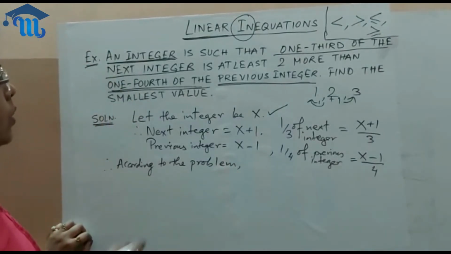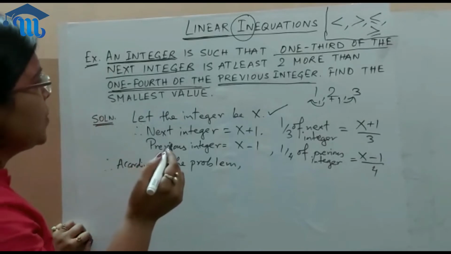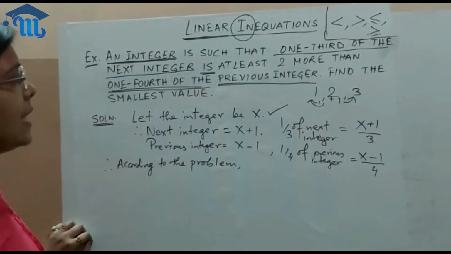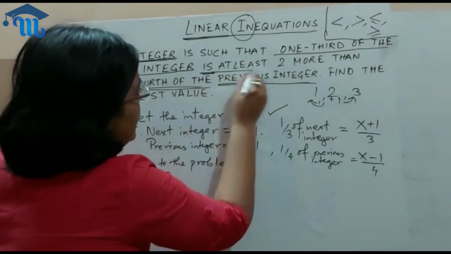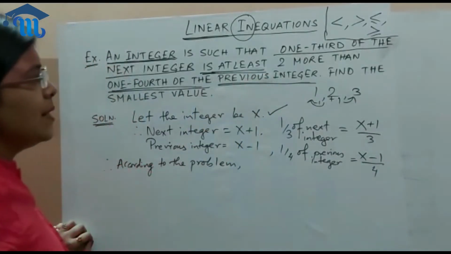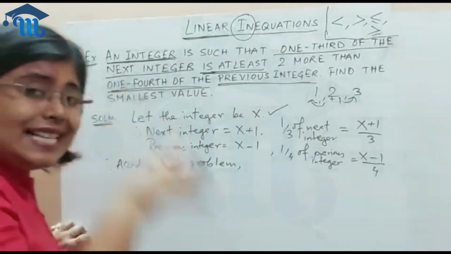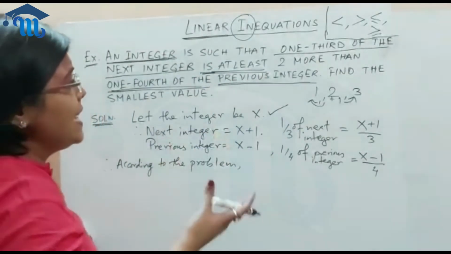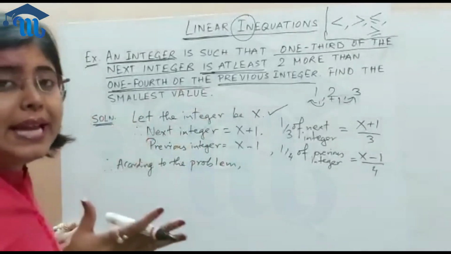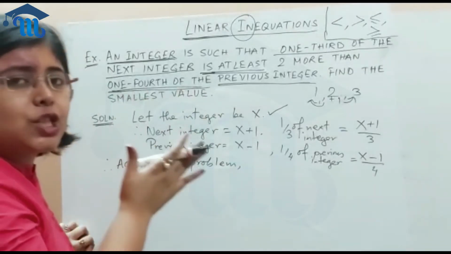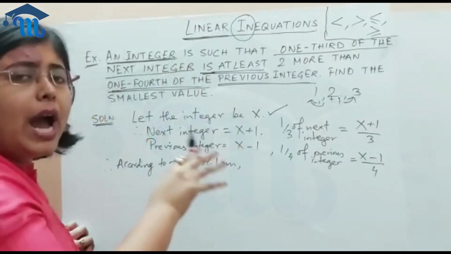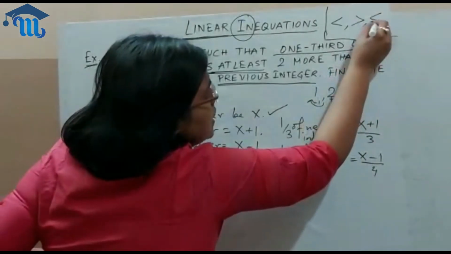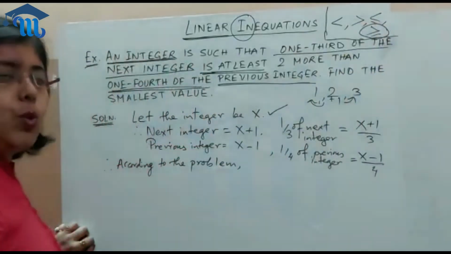It is said that 1/3 of the next integer is, what do we mean by the word is? At least. That means it is going to be at least that much or more than that. When it is said at least, that means it cannot be less than that value. It has to be at least that minimum value and in fact more than that. Therefore, we would use the sign greater than equal to.